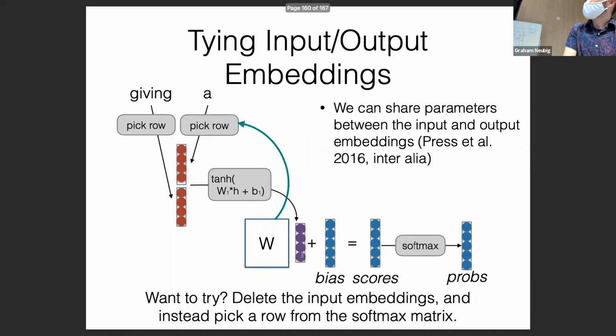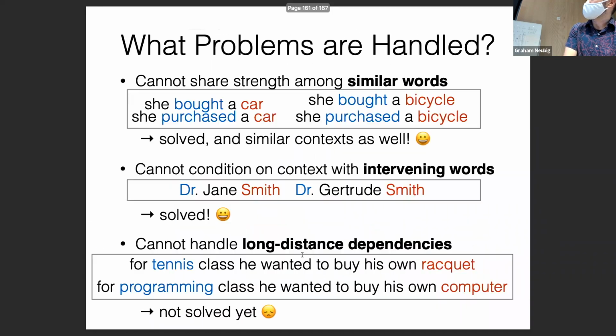So I apologize, this is a bit abstract without examples, but this most importantly solves the problem that we cannot share strength among similar words. It also solves the problem of not being able to use combination features and say, like, if the previous word is this and two previous words is that, we would like to upweight this.